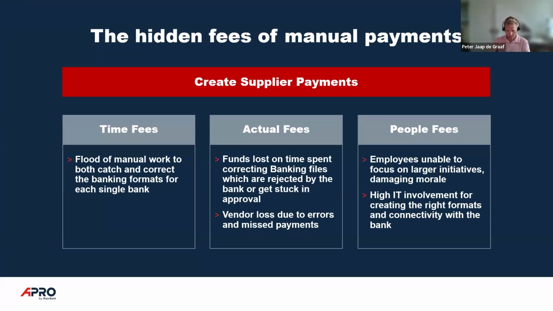This just costs you a lot of time and gives your people a lot of frustration. And of course, you could lose a lot of discount if you're paying too late because the payment file is stuck. And there is high involvement of your IT if you don't have a solution that can create the right format and make the connectivity to your bank.